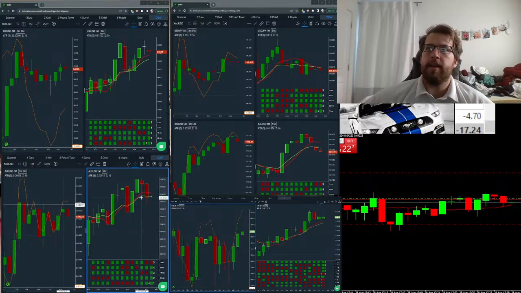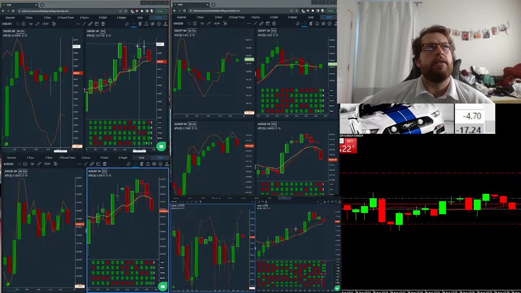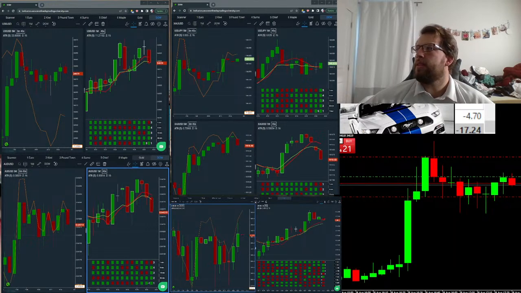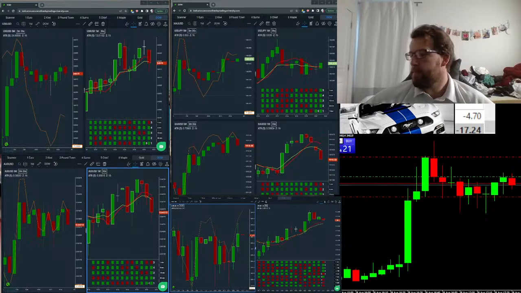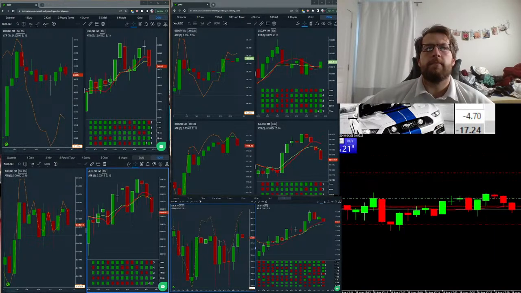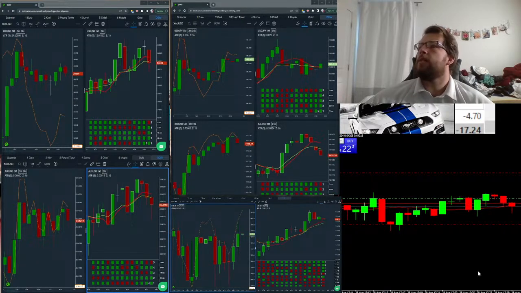Not liking that bar on the Aussie. Also not liking this on the Dow. Okay. Could be getting a buy on the yen here. If it goes up a little bit more, maybe.